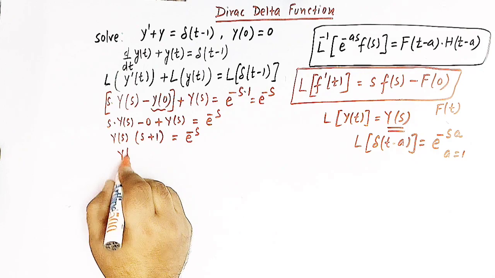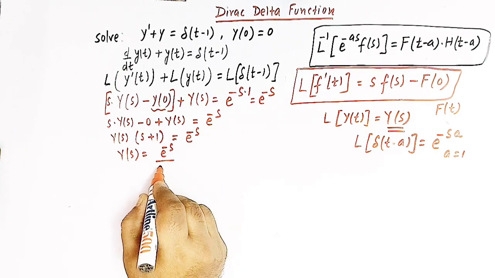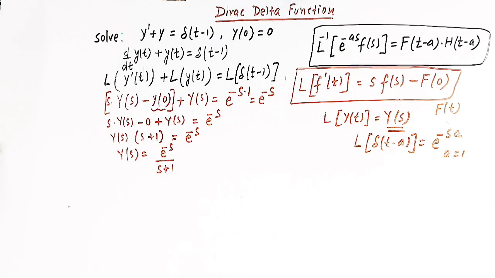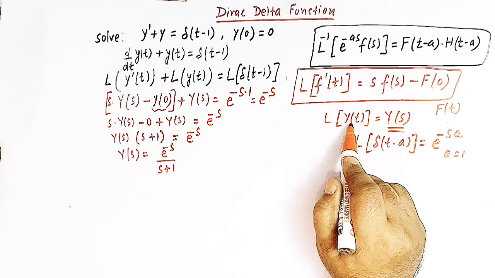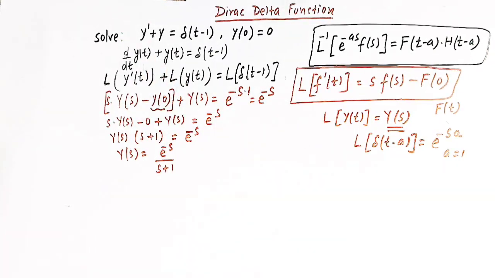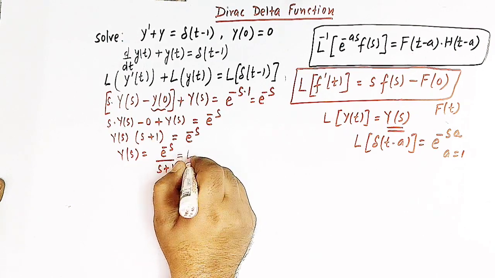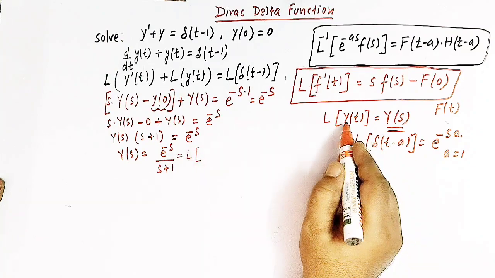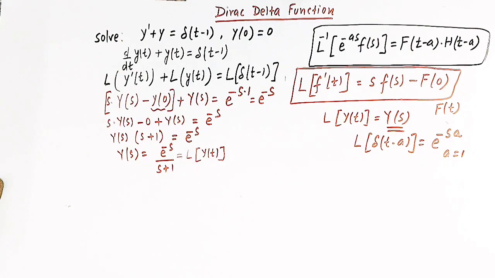So we can now write Y of s is equal to e raised to minus s over s plus 1. And remember, Y of s is the Laplace transform of the function y of t. So now we can also write here the Laplace transform of the function y of t.